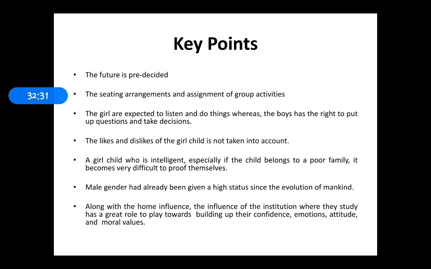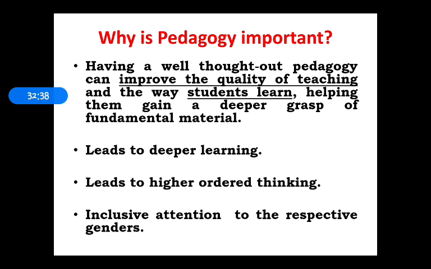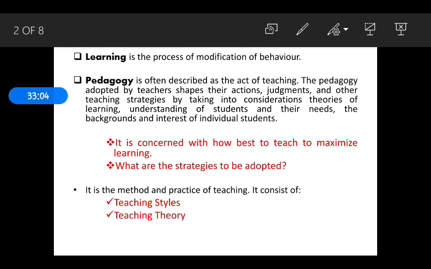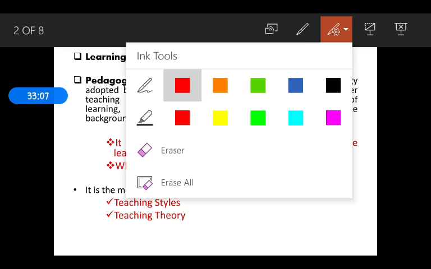Okay, so that's it for now. I hope it is clear. As of today we have talked about learning and pedagogy, and we understood that the approaches of the teacher in the institution, the approaches of parents towards the child at home, or the society at large, play an important role in building up the personality of the child.